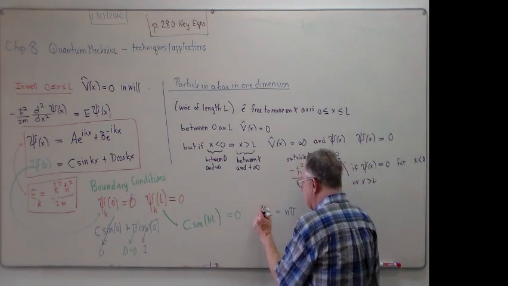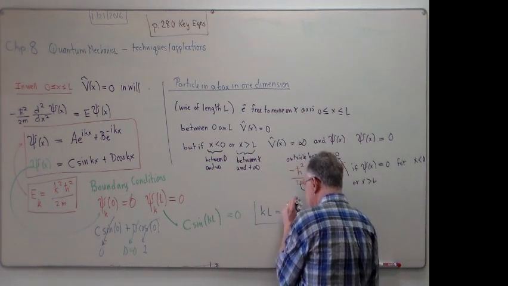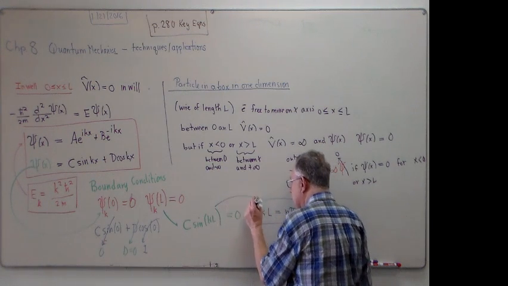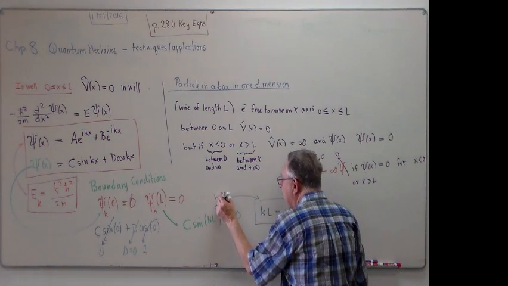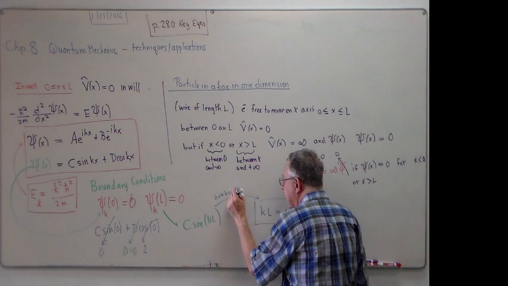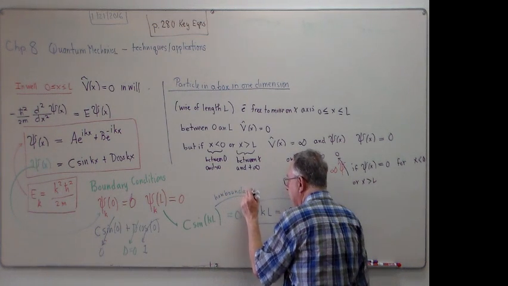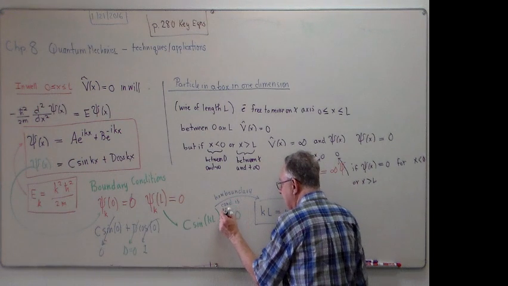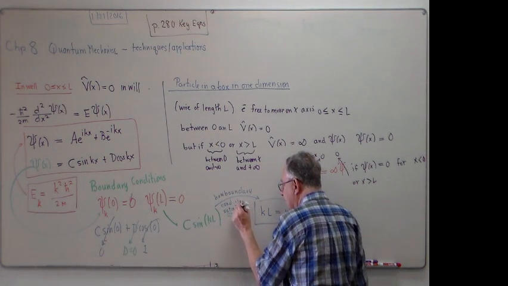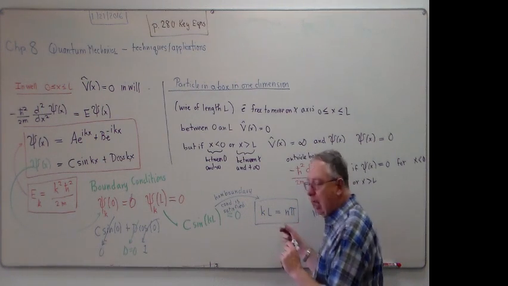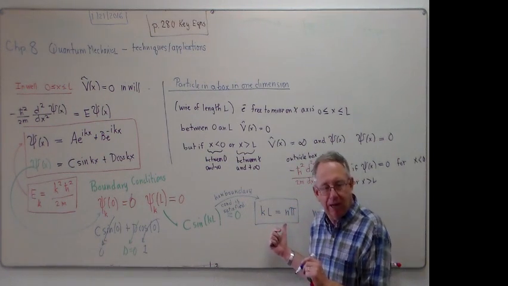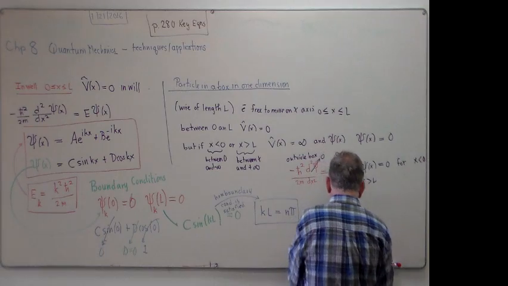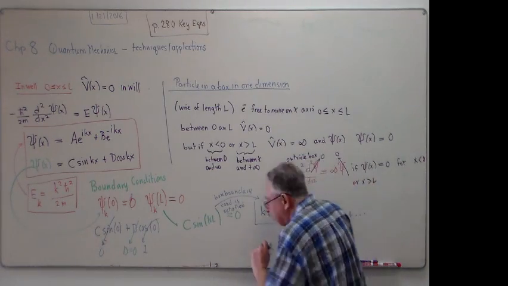So this is how the boundary condition is satisfied. You say KL has to equal an integer number of pi radians, where n can go 1, 2, 3, 4, and so on.